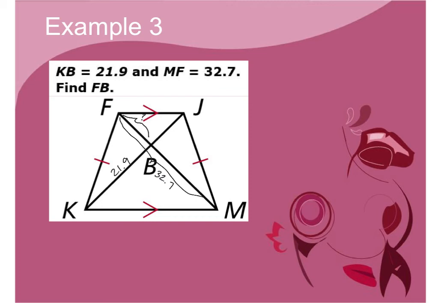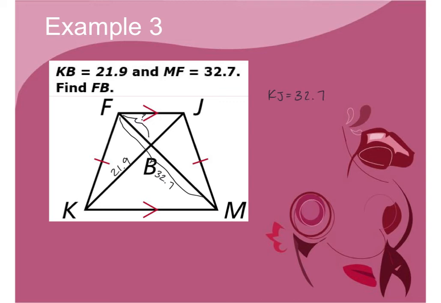So for parallelograms, they cut each other in half, right? For trapezoids, they don't necessarily cut each other in half. If we know that MF is 32.7, what else has to be 32.7? KJ. So we know that KJ equals 32.7.